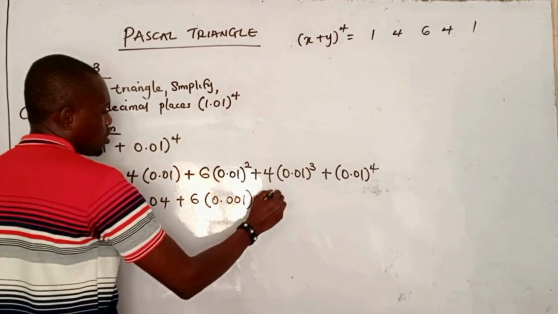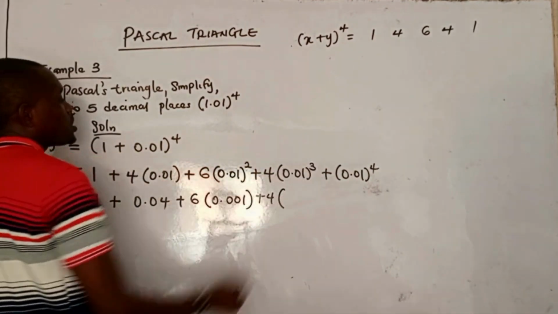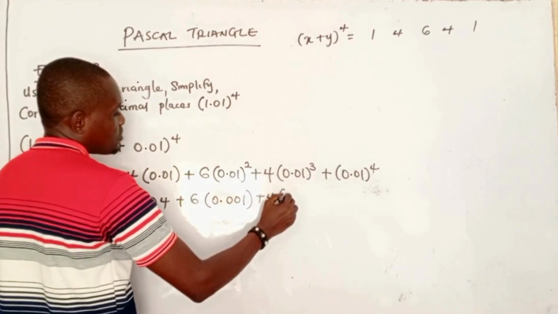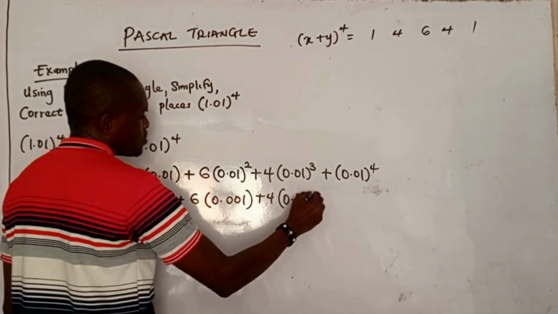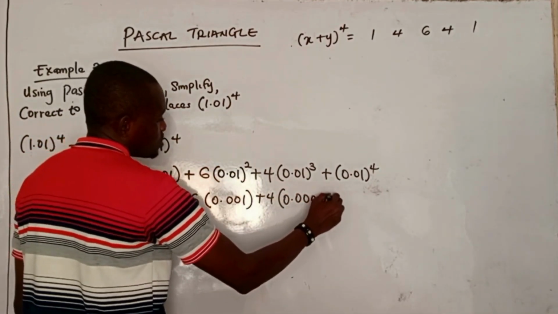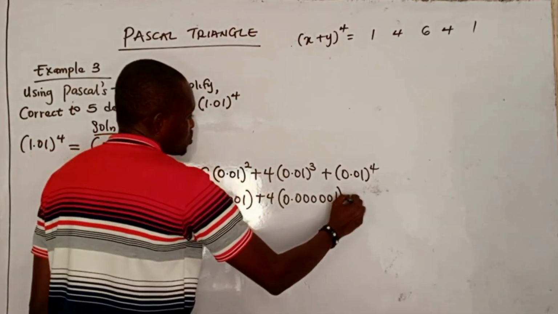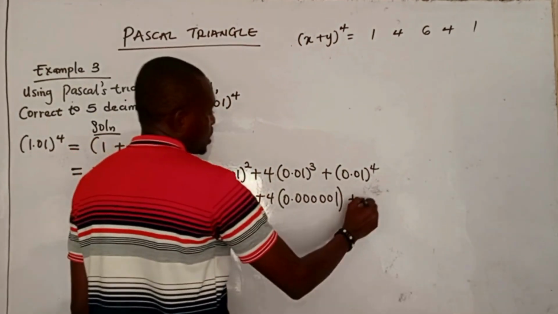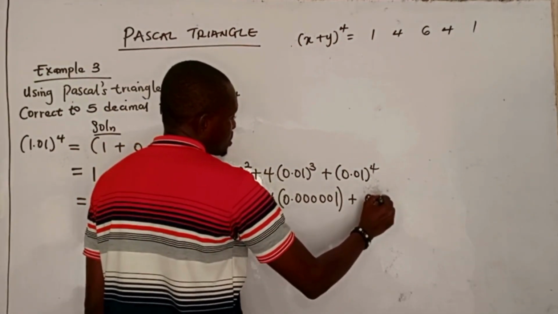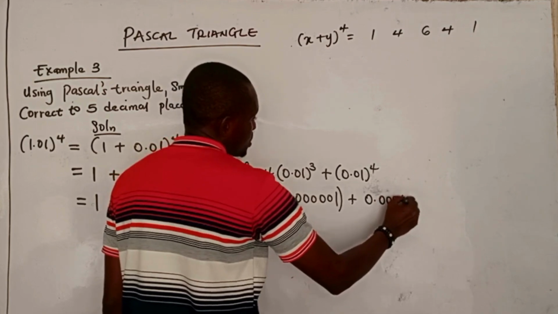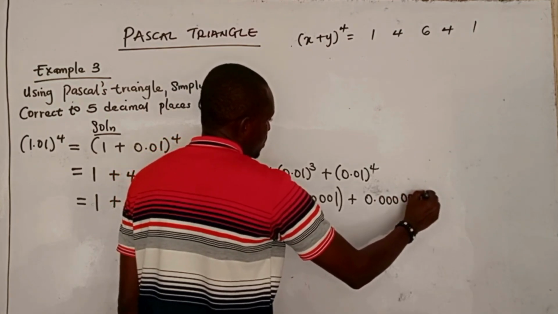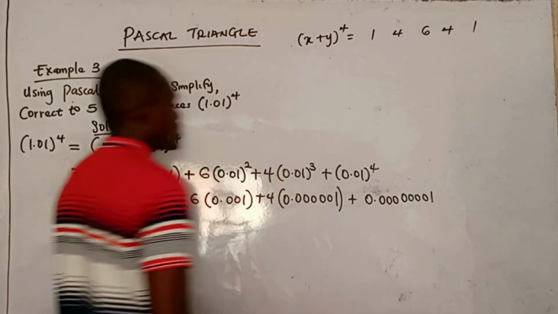Then you have 4, open bracket. If you do this one now, you are going to have 0.000001. And then if you now do the last one, we are going to have 0.00000001.